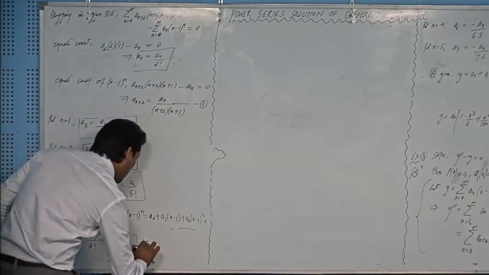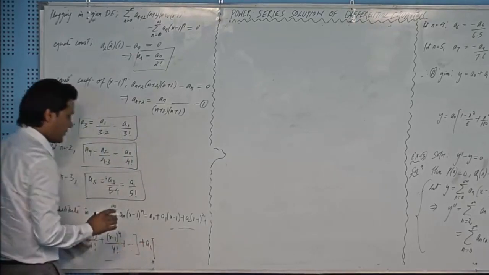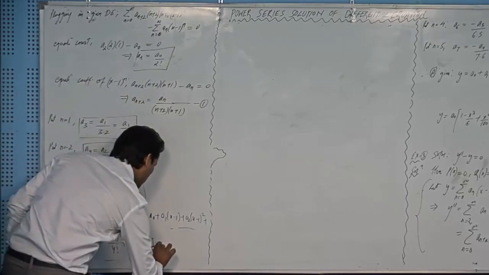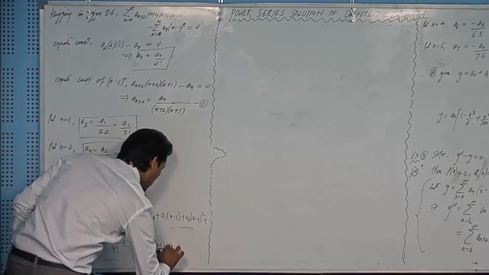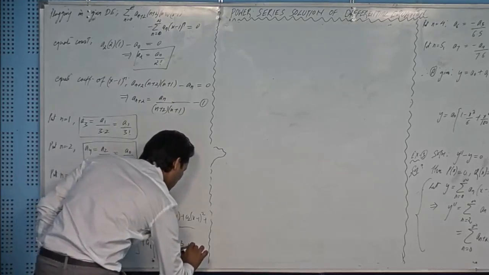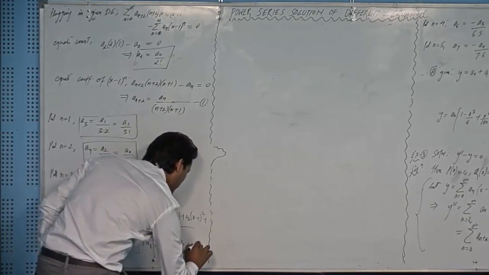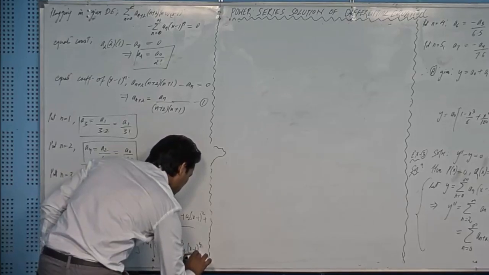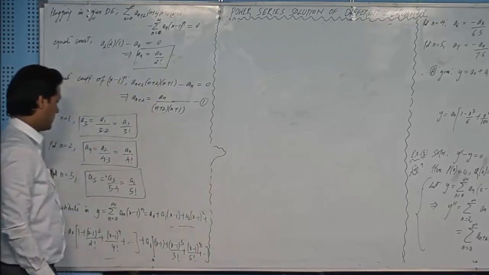And from the odd coefficients, I can always take a1 common, and the first term will be x minus 1 plus x minus 1 whole cube over 3 factorial, plus x minus 1 whole to the power 5 over 5 factorial, and so on, right?